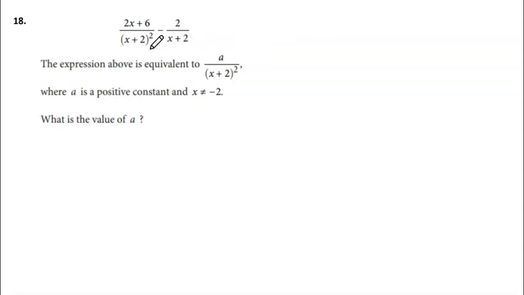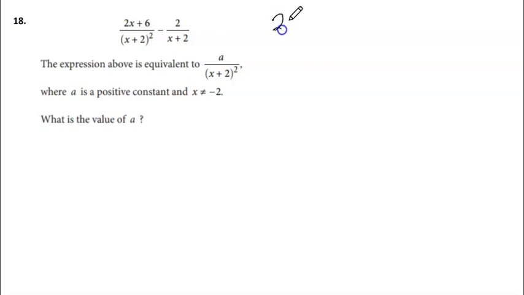So if you look at the two denominators, the way you establish the common denominator is you just have to multiply the right one by itself, to get it squared. If you do that in the denominator, you have to repeat it in the numerator.